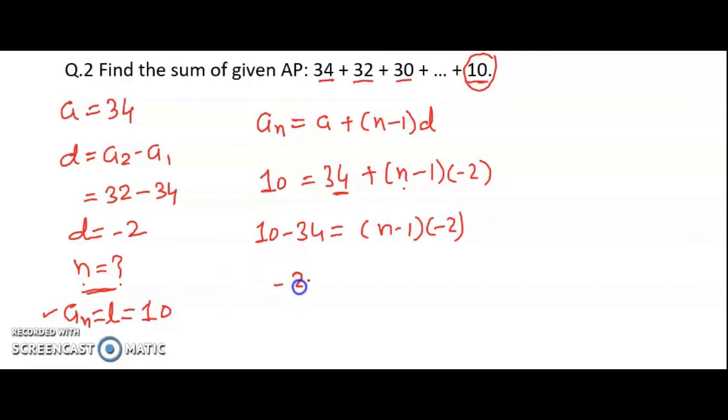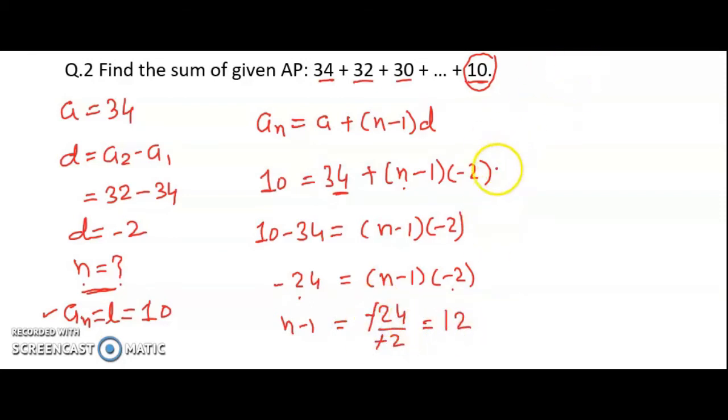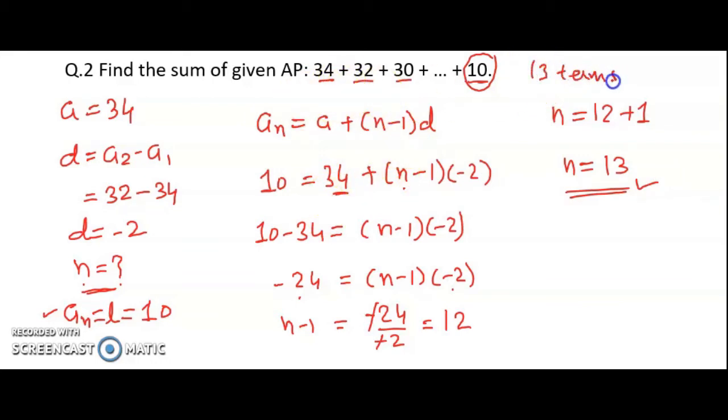So minus 24 equals (n minus 1) multiplied by minus 2. The minus 2 goes to the denominator, so n minus 1 equals minus 24 divided by minus 2. Minus minus cancel out, and 24 divided by 2 is 12. So n minus 1 equals 12, and n equals 12 plus 1, so n is 13. Here we found the value of n. There are a total of 13 terms.